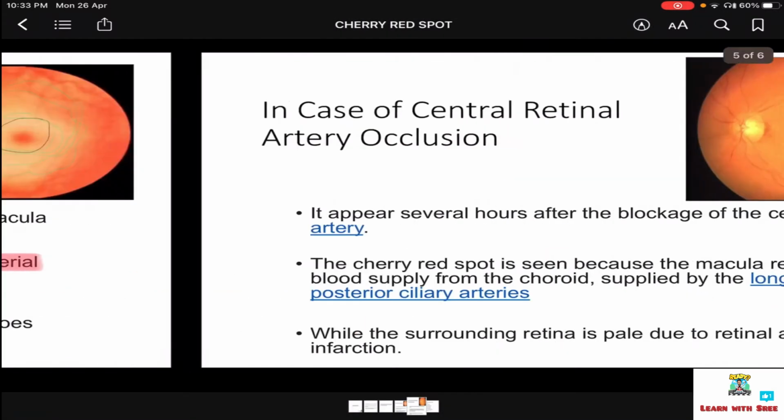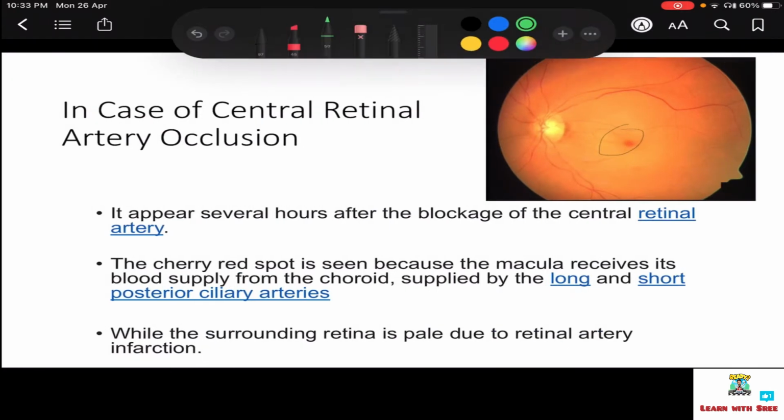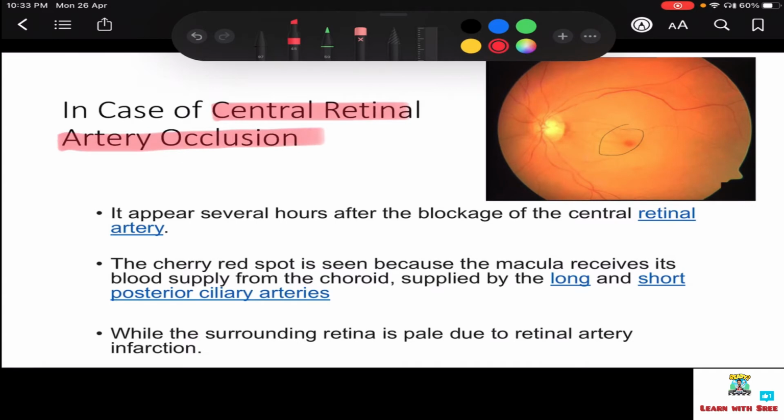Now let us go on to the next condition. The next very important condition is central retinal artery occlusion. What is happening in this condition? As we all know, the surrounding retina is pale. The surrounding retina is supplied by the central retinal artery, and here the central retinal artery occlusion is taking place. So the surrounding retina is pale due to the central retinal artery infarction. But the main thing that you have to notice here is the macula.